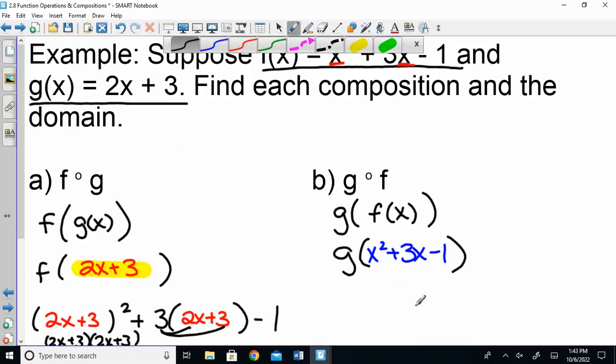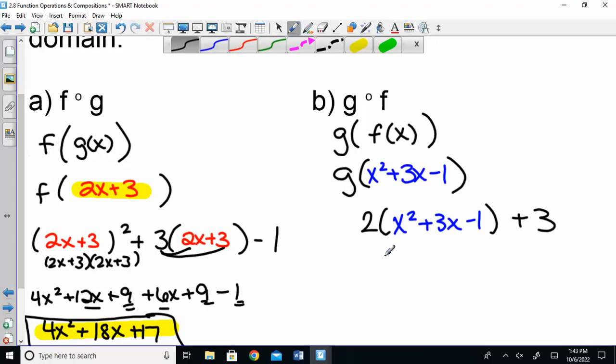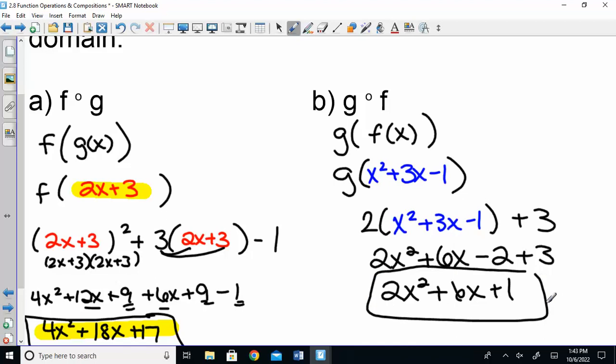We are going to g and replacing our x with that. So then we get 2x squared plus 6x minus 2 plus 3. So 2x squared plus 6x plus 1. Did you guys get that part?